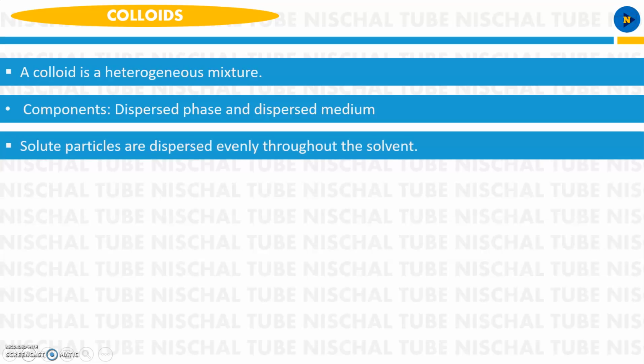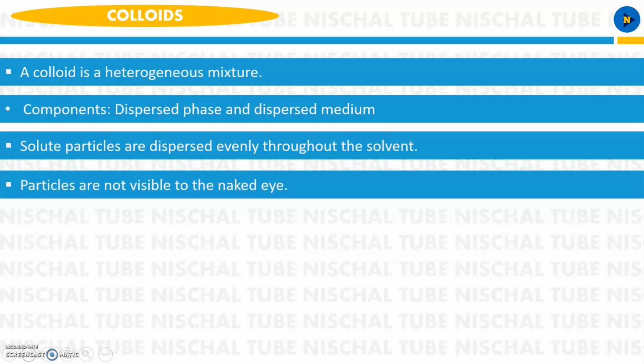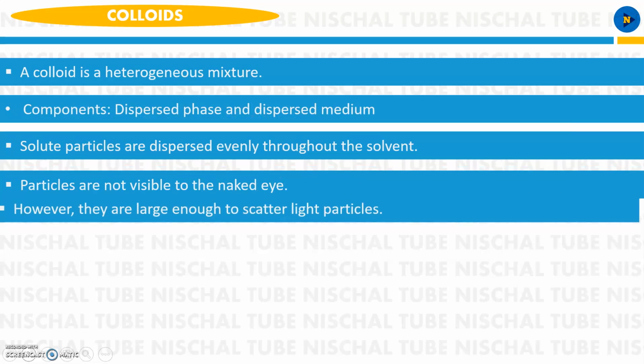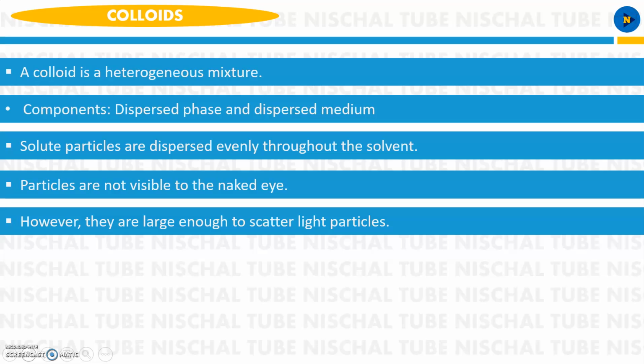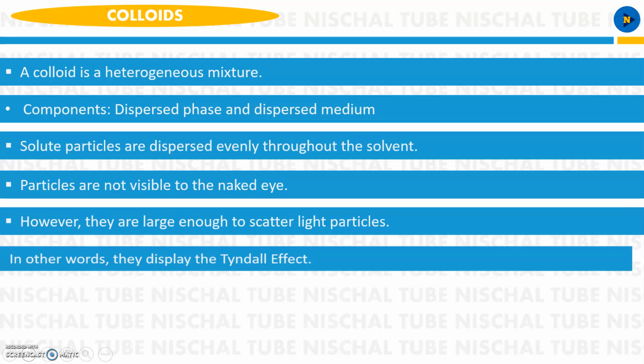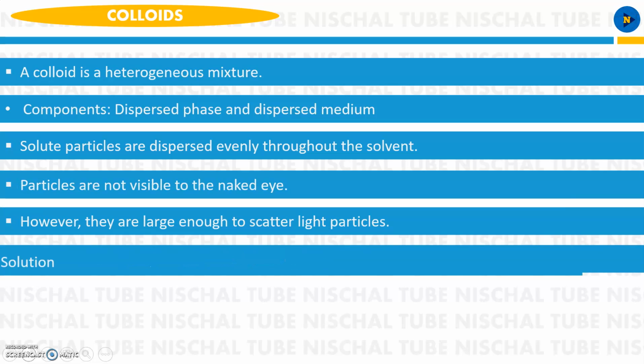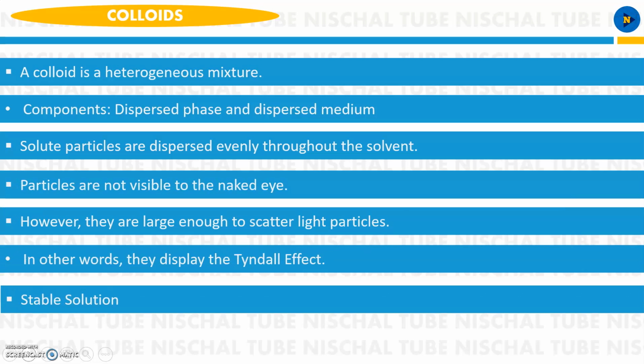The solute particles are dispersed evenly throughout the solvent, and these particles are not visible to the naked eye. However, unlike a solution, they're still large enough to scatter light particles. In other words, they display the Tyndall effect. It's also a stable solution, so if you leave it undisturbed for some time, the solute particles do not sink to the bottom.